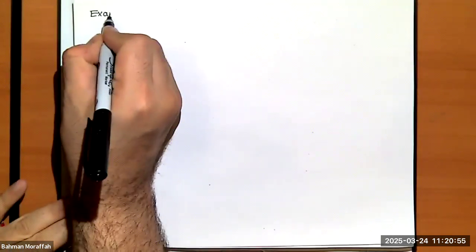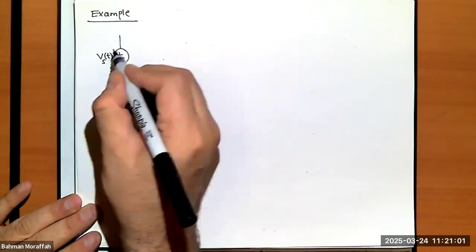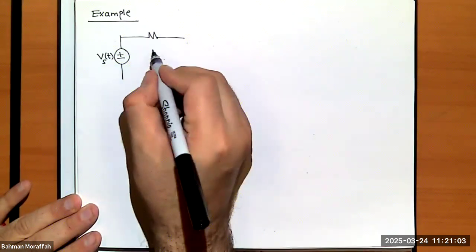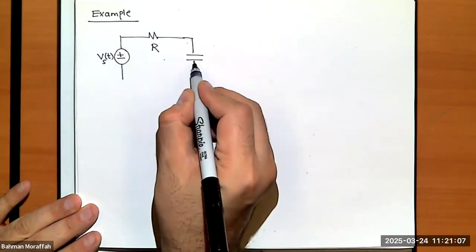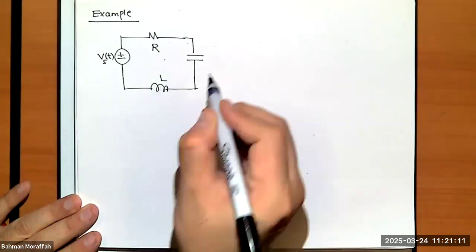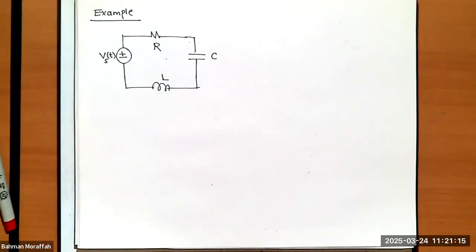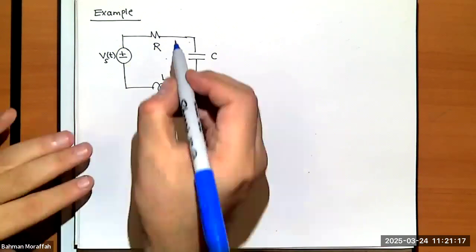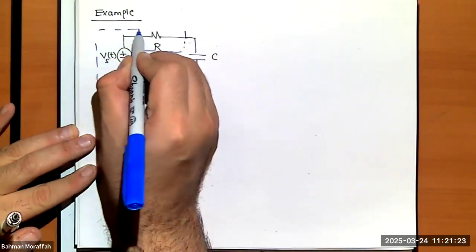So, example: let's say I have some source Vs(t) followed by some resistor R, followed by a capacitor C and some inductor L. What I can do is think of this portion as my Thevenin equivalent.